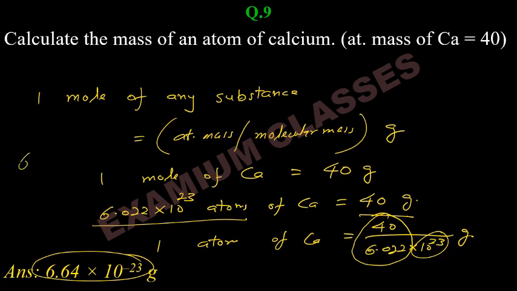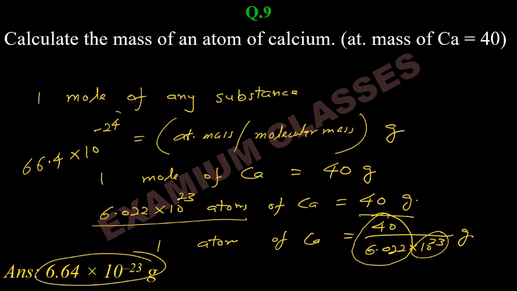For example, if I write 66.4 into 10 power minus 24, I can write this number as this number also. These are the same numbers. But this is not the standard form. The standard form is that the decimal must be after 1 digit only. Now, if I divide 40 by 6.022, I'll directly get the decimal after 1 digit. That is the standard form. So I don't need to disturb anything here. I will directly get the answer in standard form.